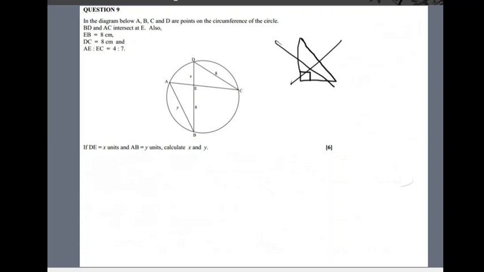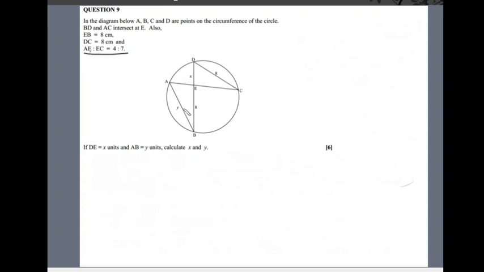So yeah, a ratio does not imply length. Okay, I hope we're clear. Now, in the diagram below, A, B, C, and D are points on the circumference of the circle, and BD and AC intersect at E. EB is equal to 8 centimeters, DC is equal to 8 centimeters as well, and AE to EC is equal to 4:7.